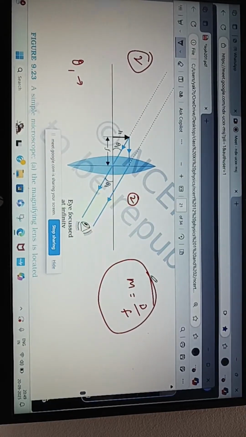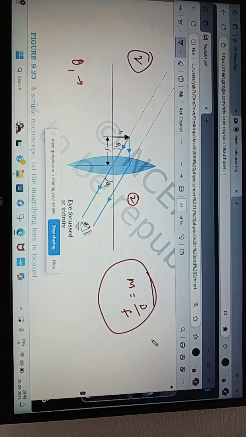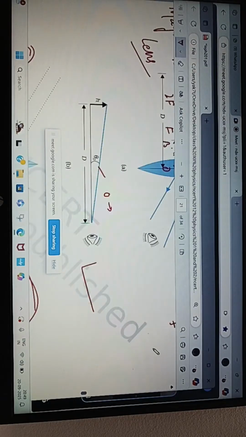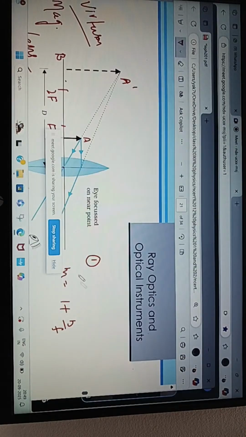Yes, sir. How to derive this derivation? On what basis is it derived? How is this derived and how is this derived? This formula, on what basis is it derived? Sir, the 1 minus v by f formula.